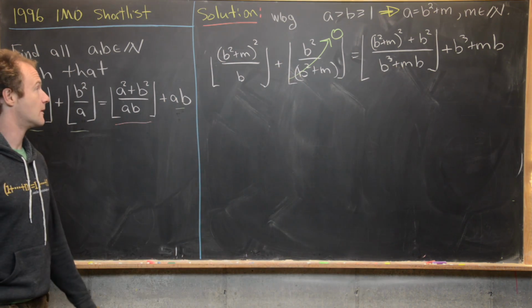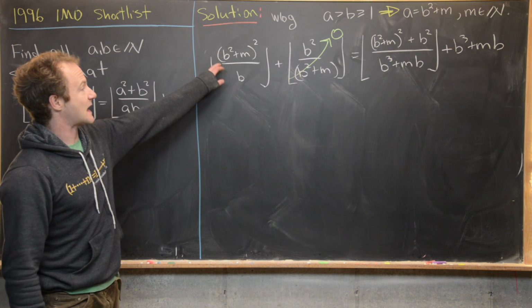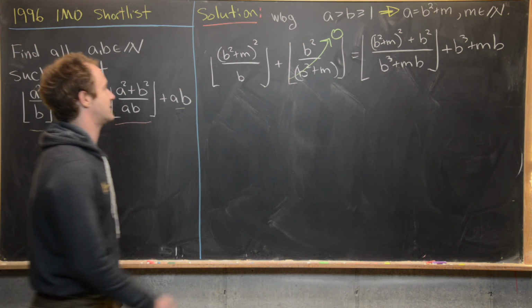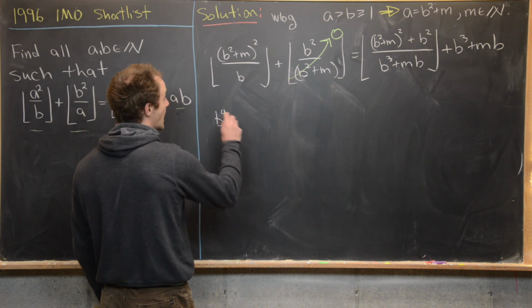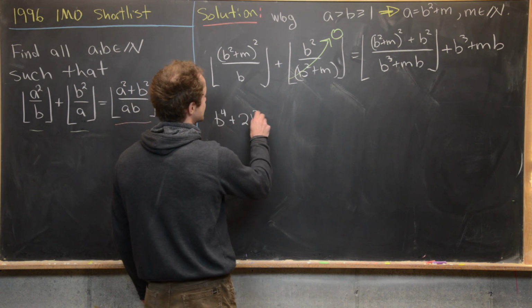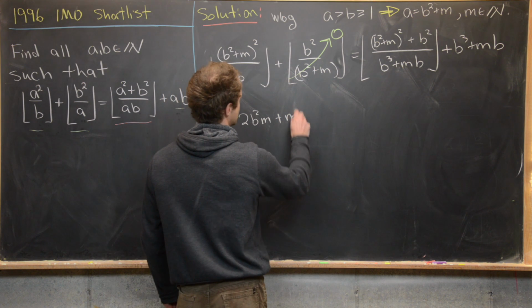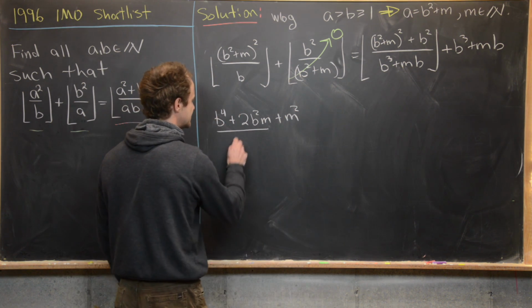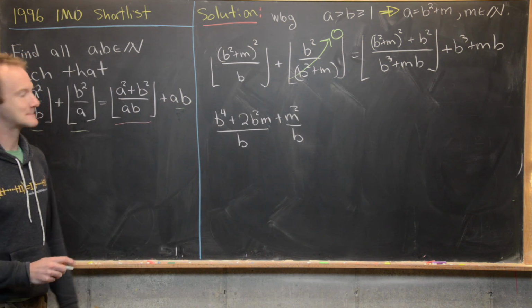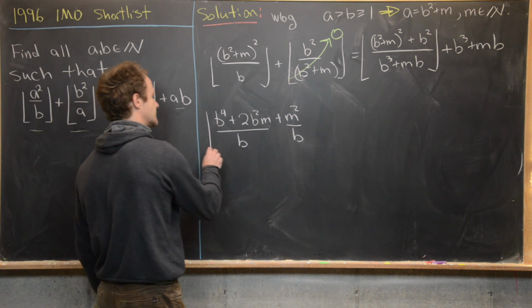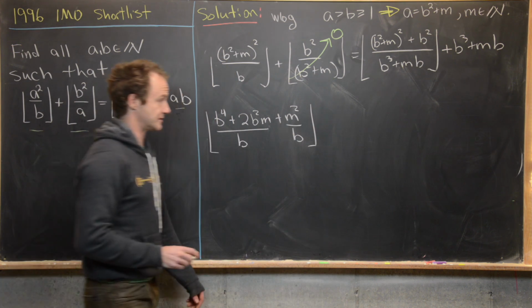Well, it is 0. Okay, now let's expand this thing a little bit to see if we can simplify. So that's going to give us b to the 4th plus 2b squared m plus m squared, and then this is going to be over b, and then this is also going to be over b, like that. And then that's also still in the floor function.